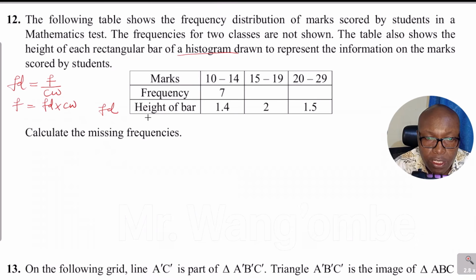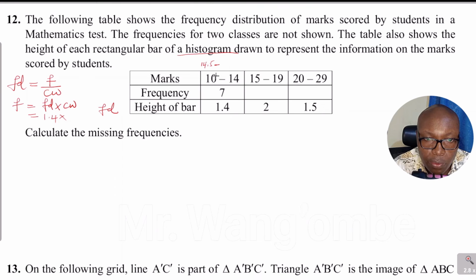So let's look at the height of the bar given here, which I've said represents the frequency density. So for the first class, it is 1.4. And the class width, how do you get the class width? 10 to 14. So you take the upper class boundary, which is 14.5, then subtract the lower class boundary for that class.